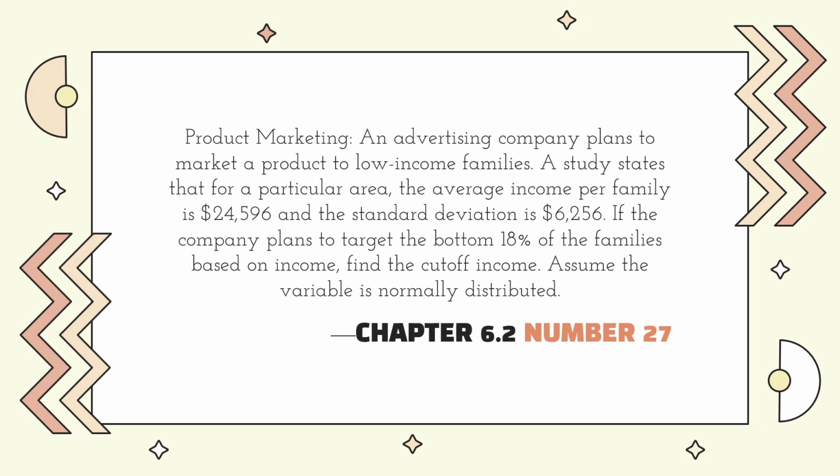So the average income per family is $24,596 and the standard deviation is $6,256, and we are asked to find the cut-off income if the company plans to target the bottom 18% of the families based on income, assuming that the variable is normally distributed.